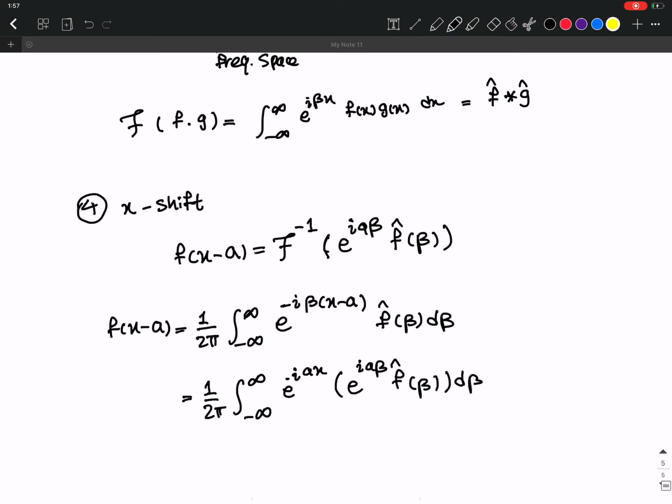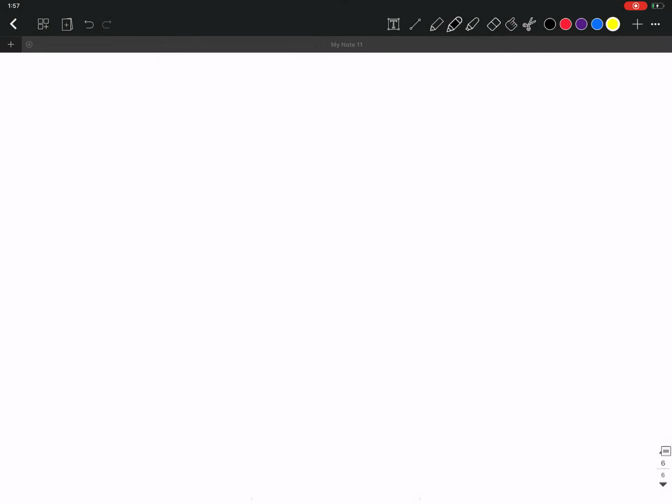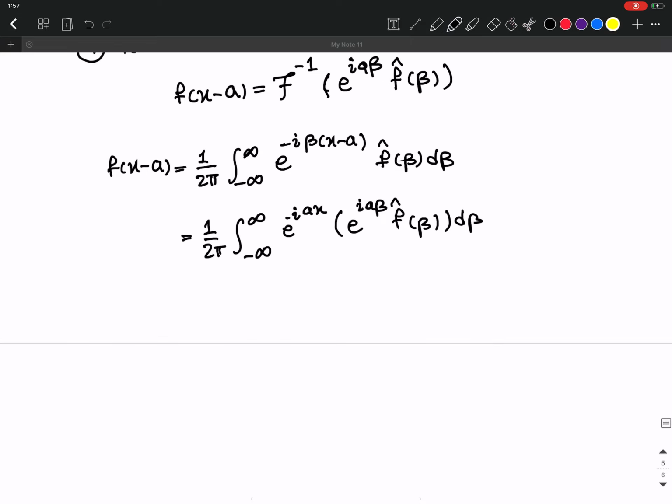Okay. So let me add one more page. So as you see, this equals the inverse Fourier transform based on the definition of this function inside it.